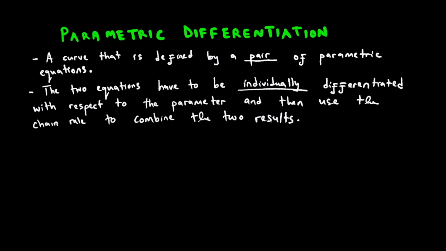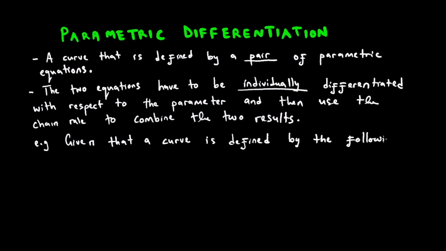So let us have an example. In our example, we are given that a curve is defined. My curves are defined by polynomials and functions. So it's defined by the following pair of parametric equations.